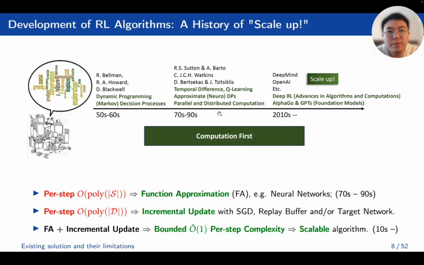And the development of temporal difference or Q-learning gives an incremental update, which deals with the per-step complexity issue, with no dependence on the number of data points in the history. So these two make the algorithms scalable.